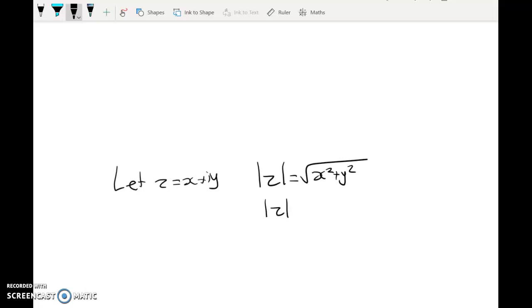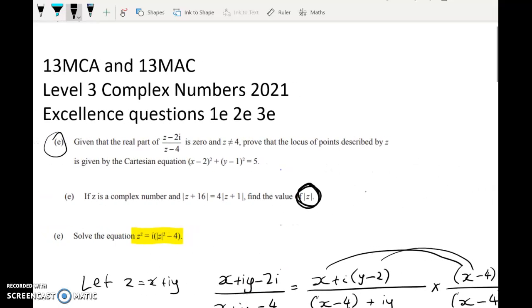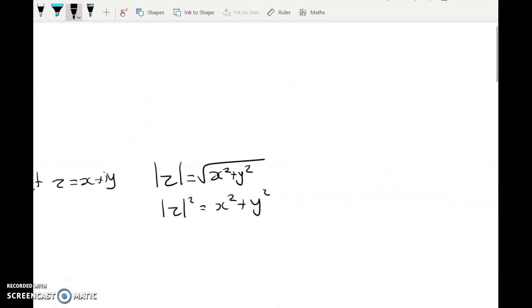And we know that the modulus of z squared is equal to x squared plus y squared. So the original equation that we're working on is this here. z squared is equal to i times the modulus squared minus 4.